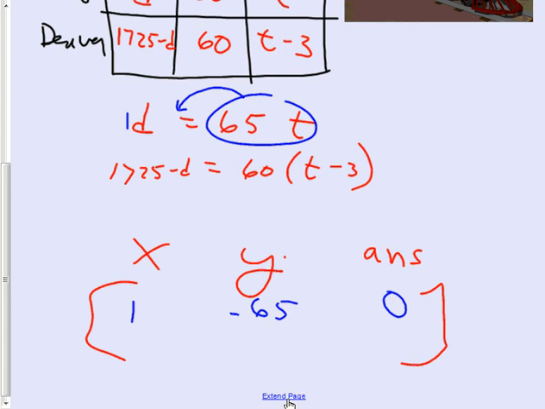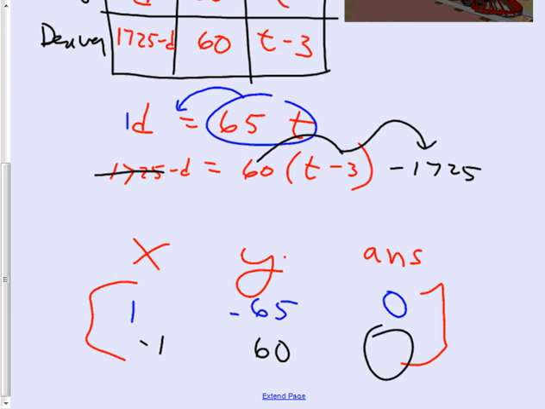Actually, I could just subtract 1725, put it over here, almost, and then I have negative 1 here, and then this would be how many t's? I have positive 60 t's. And the last thing would be this times this, and then add it to that, and then put it here. So bottom line, if you want to use that, you can. Okay, lunchtime.